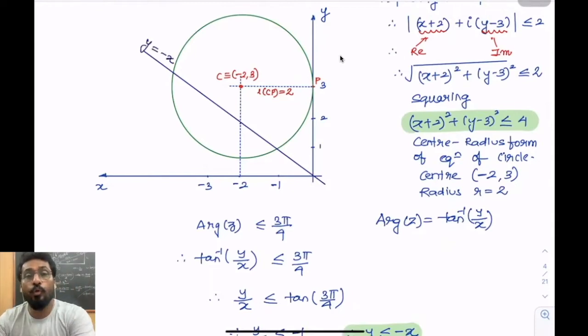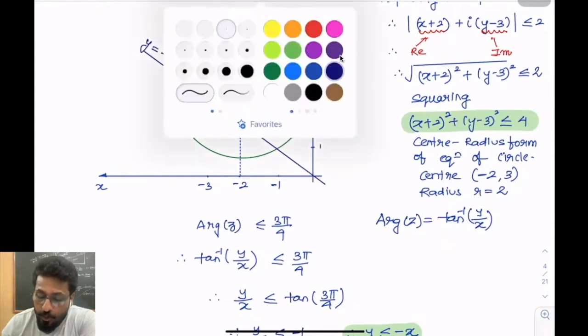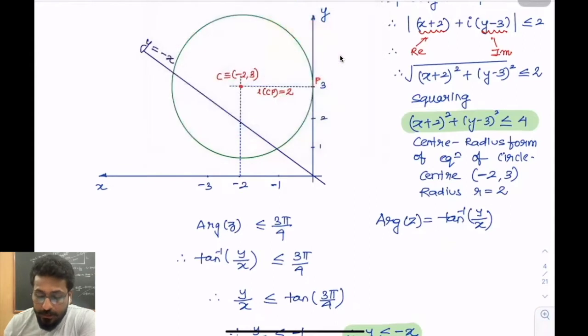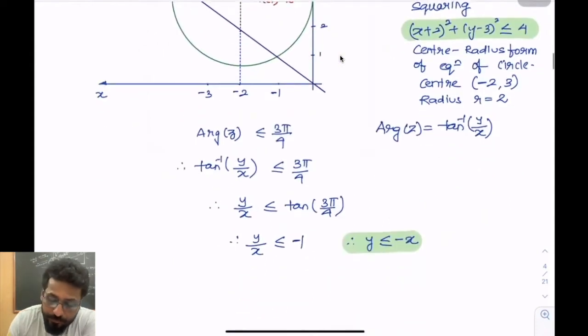Okay, but I want to find all those values of z which will be satisfying both the inequations and not the equations, right? Inequations. So students, you need to pick one point. Let's take one point, maybe this point. Is it -1, 0? That's -1, 0, and plug it into this equation.